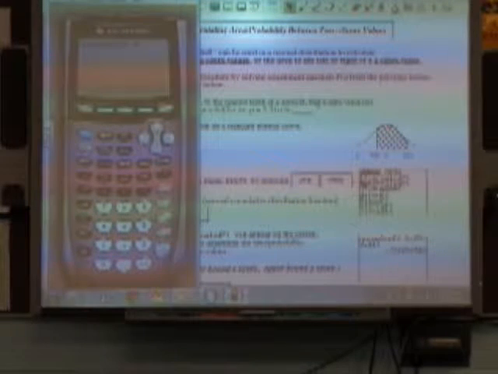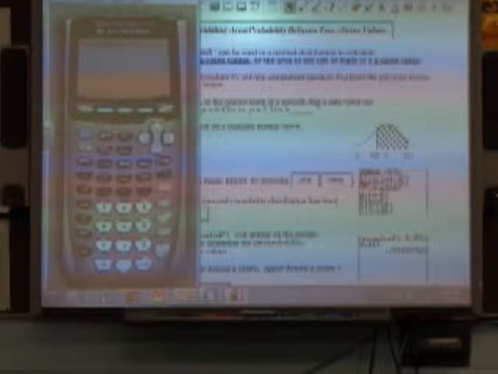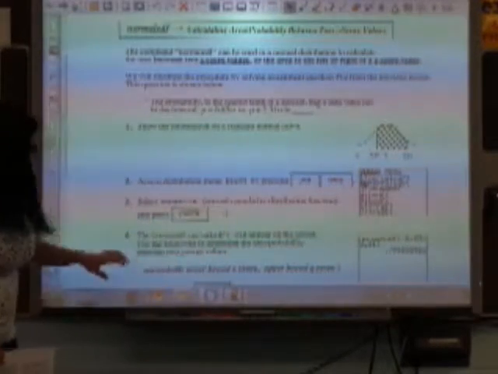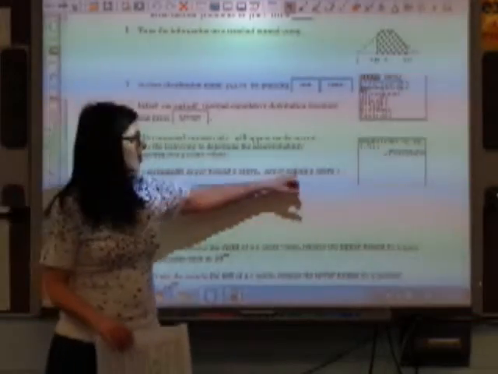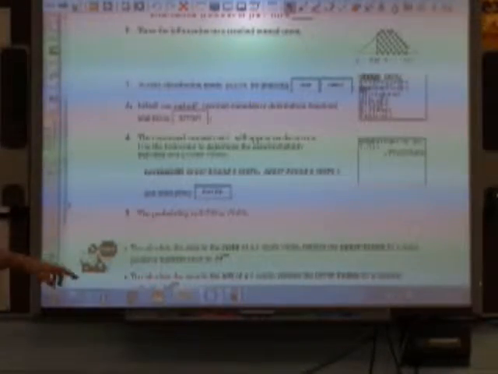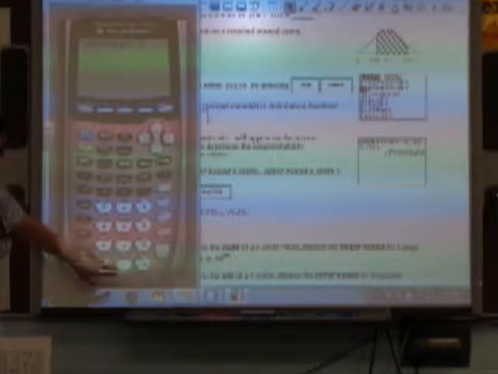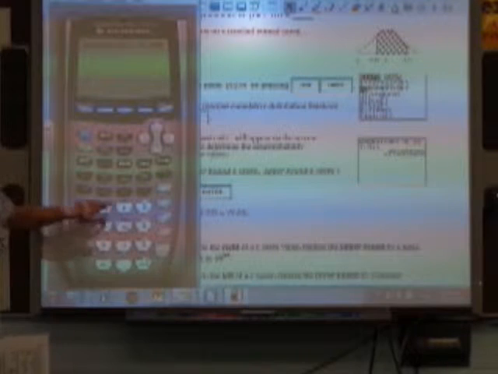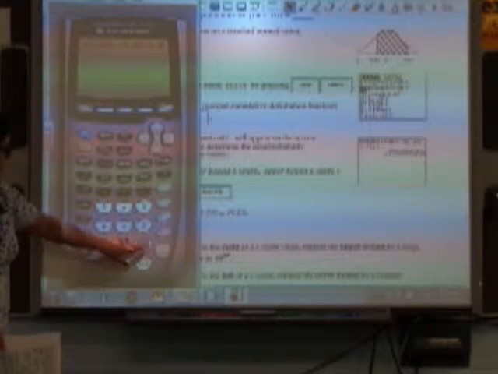The other thing that you need to remember with normal CDF, which stands for normal cumulative distribution function, is they want it written as the lower boundary z-score, the upper boundary z-score. So I need a start and a finish. In my question, I went from negative 0.85 to, so I use a comma button, 2.31.